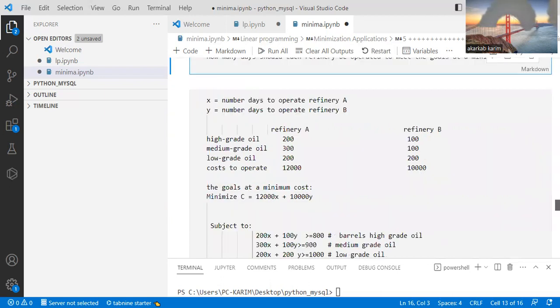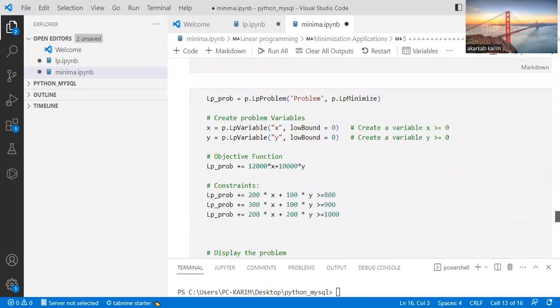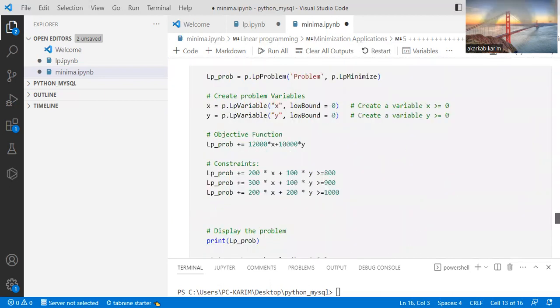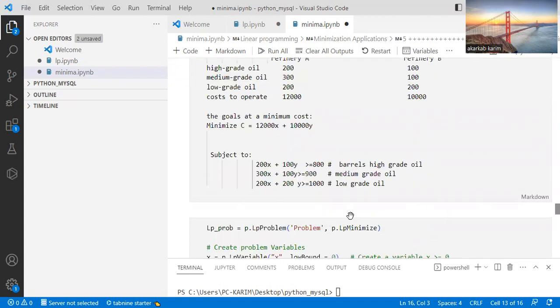This is the constraint. At least, that means at least. The same thing for medium grade oil, and the same thing for low grade oil.